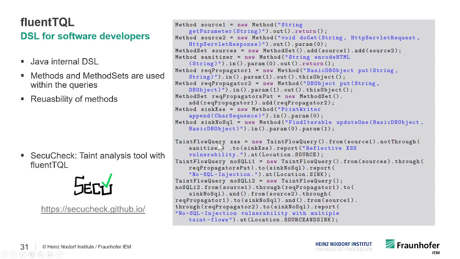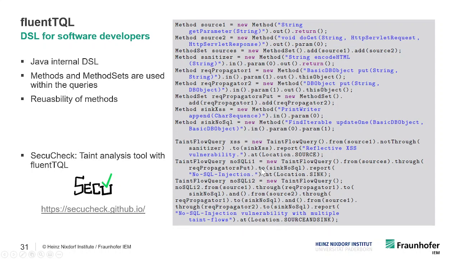The idea is that you can read this language quite like a sentence: from source1, not going through the sanitizer, reaching the sink, we want to report a message. And then you can also use, like here in the NoSQL query, an AND operator where you can combine multiple taint flows in parallel.